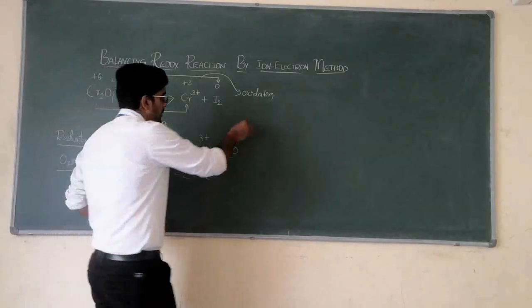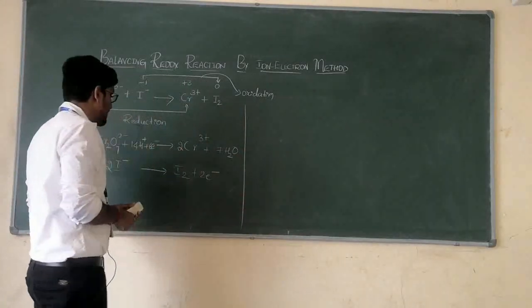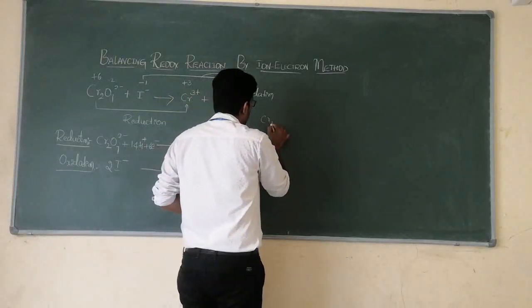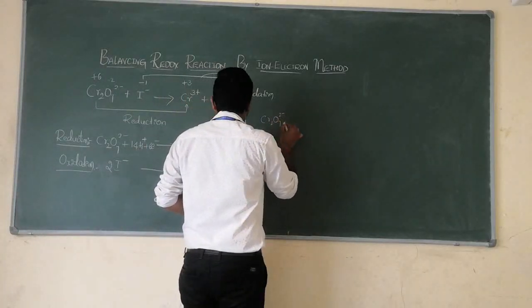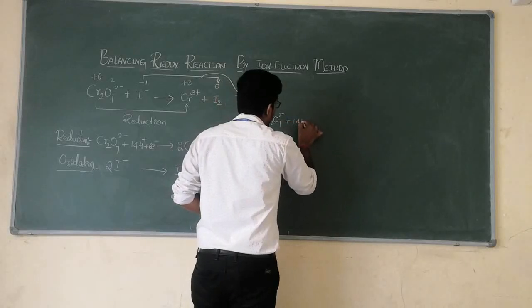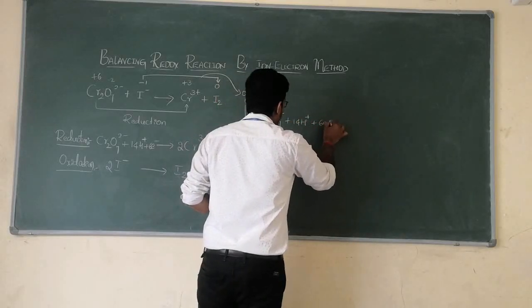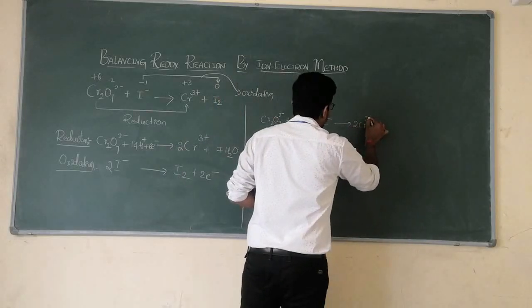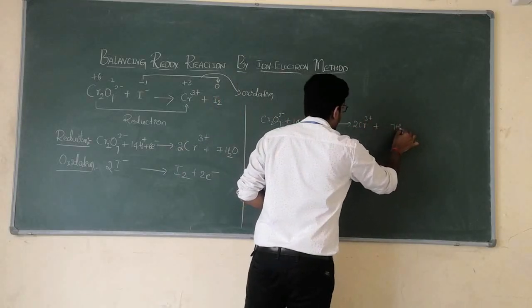Now the last step is to equalize the electrons on both sides. Let us take both the equations. Cr2O7 2- plus 14H+ plus 6 electrons forming 2Cr3+ plus 7H2O.